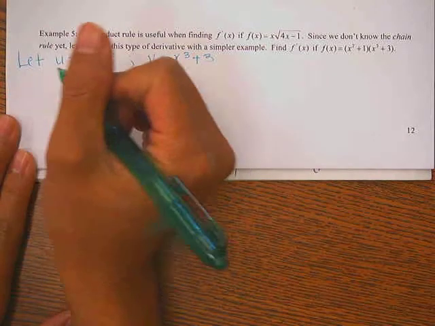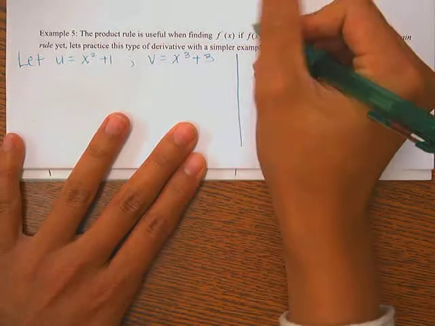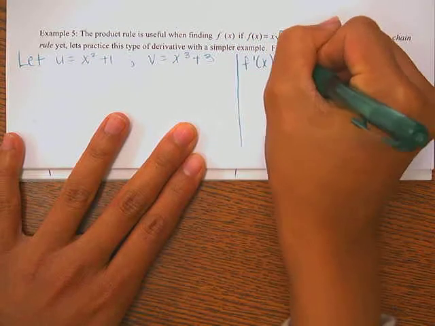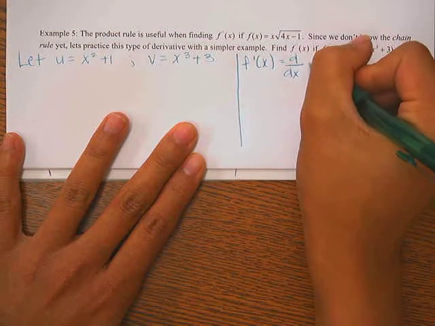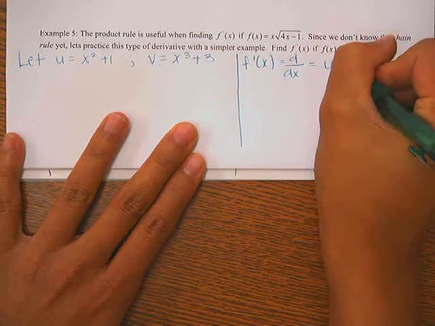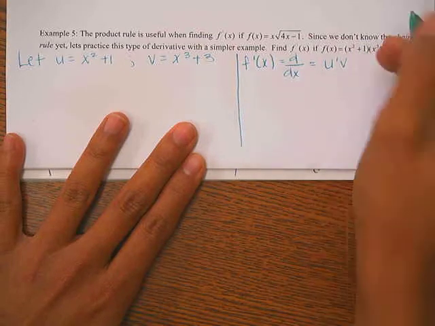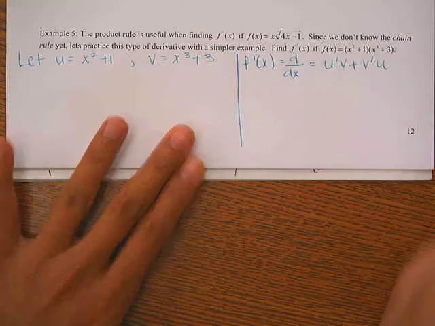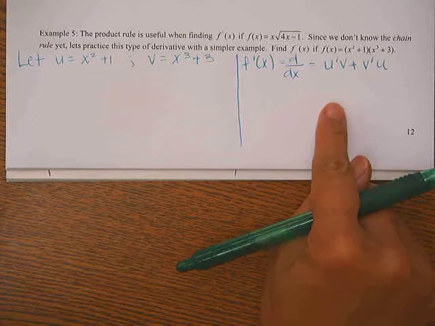So the product rule says that f prime of x, or d over dx, is u prime times v. So let's take the derivative of the first times the second, add it to the derivative of the second times the first. It looks like I would need u prime and v prime in this formula.